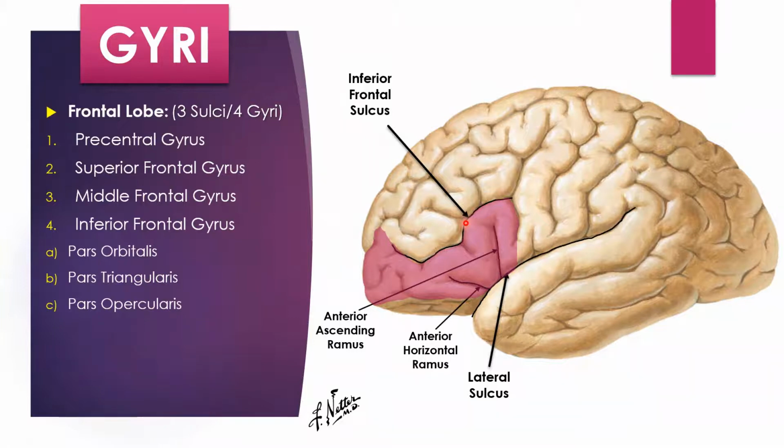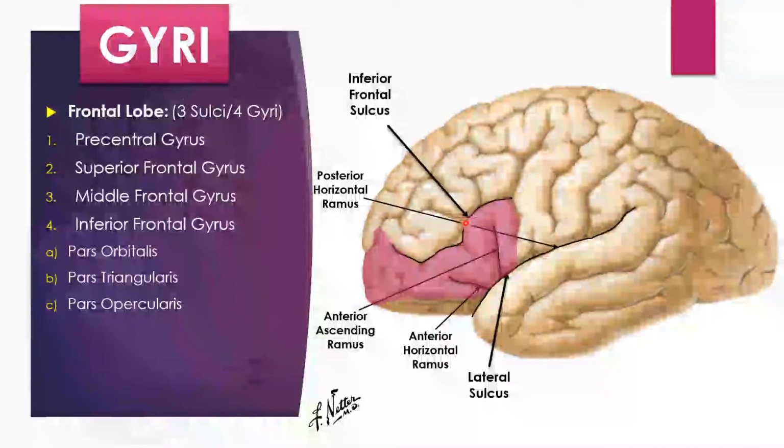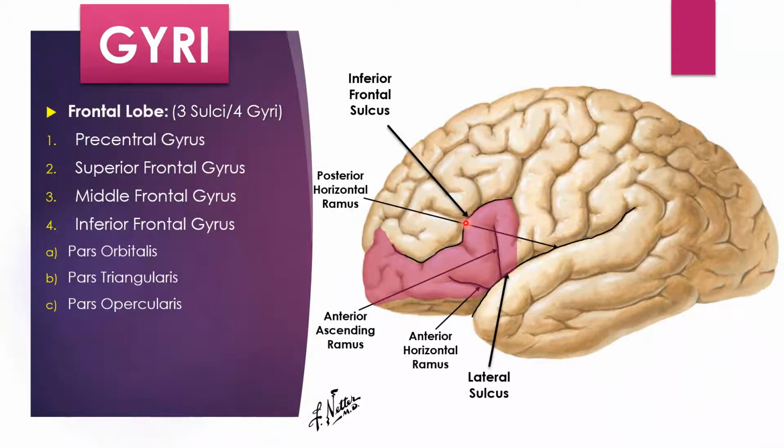These are the anterior horizontal and anterior ascending rami, and posteriorly it is continuous as the posterior horizontal ramus, or the posterior ramus of the lateral sulcus of Sylvius. So all these will divide the inferior frontal gyrus into three parts: pars orbitalis, pars triangularis, and pars opercularis.